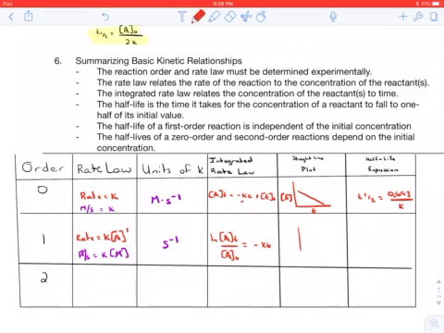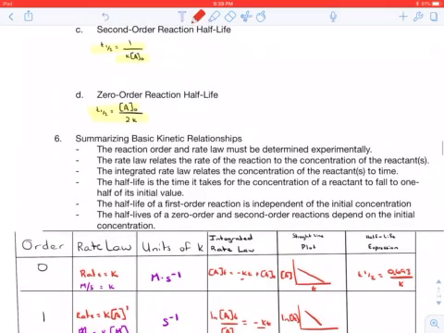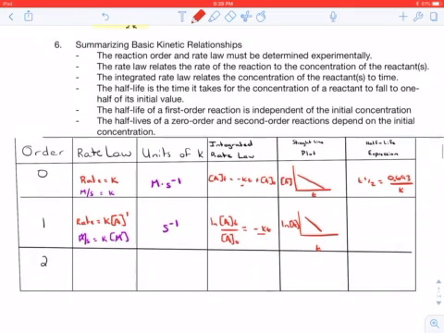Again, our straight line plot, we've got the natural log of A, or the concentration of A, over our time, and our slope still negative. T1/2 is just right up here. Man, I screwed that up, didn't I?